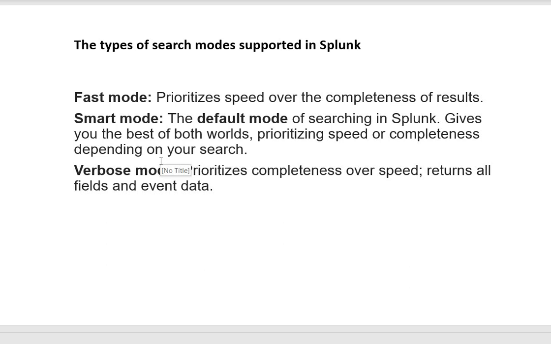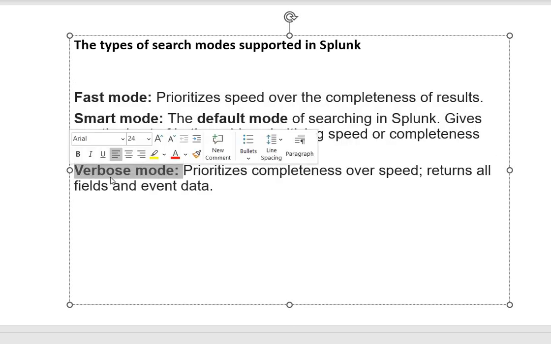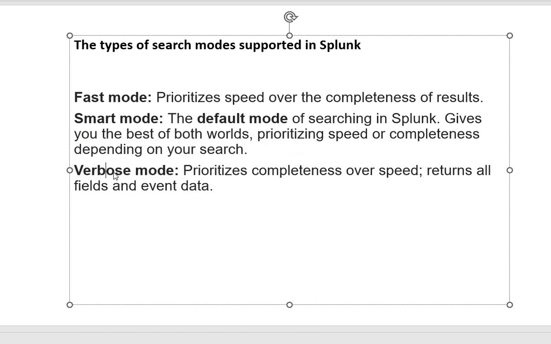What are the search modes supported in Splunk? This is another common question asked in interviews. So Splunk has 3 search modes: fast mode, smart, and then verbose. Remember that verbose means it contains everything.